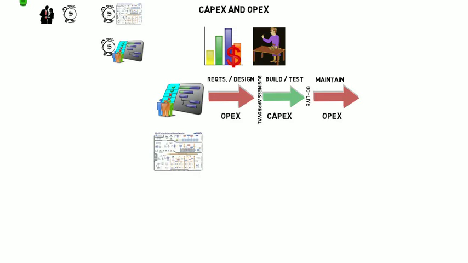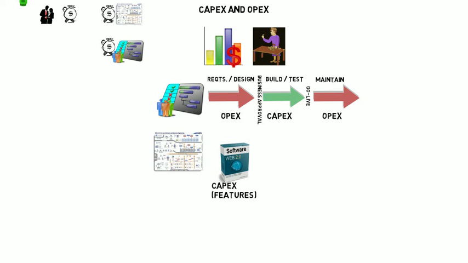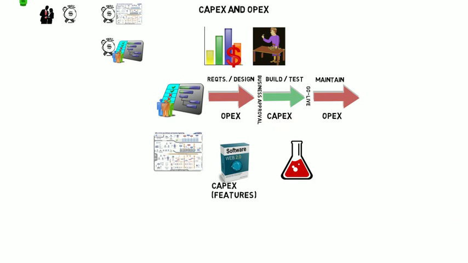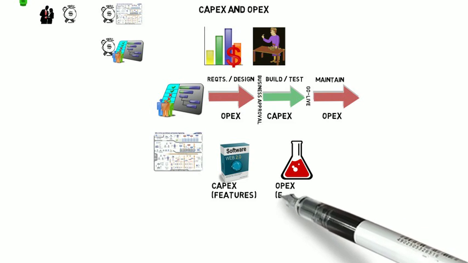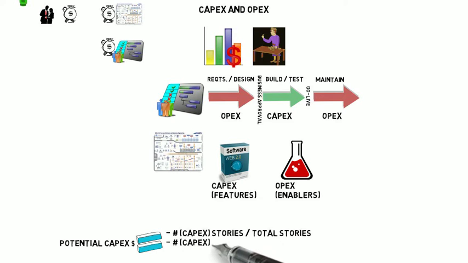Now, in SAFe and in Agile, this distinction is not so clear. We don't get a clear line, because we don't have phase gates. So instead, what the article from SAFe and Leffingwell talks about is that we have features, and those features are potentially capitalizable, or CapEx, whereas our OpEx is things like our enablers in SAFe or different research items we might have, infrastructure, exploration, defects, etc. So the formula looks something like this.